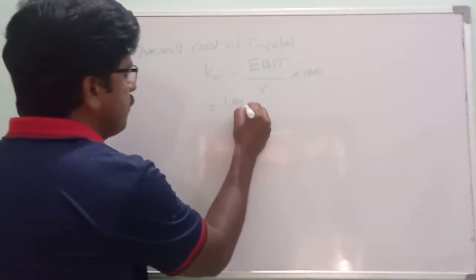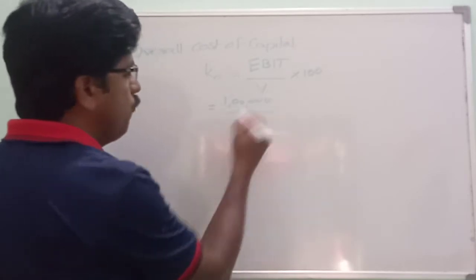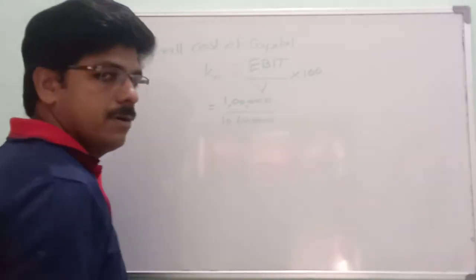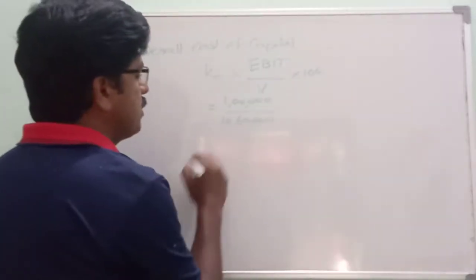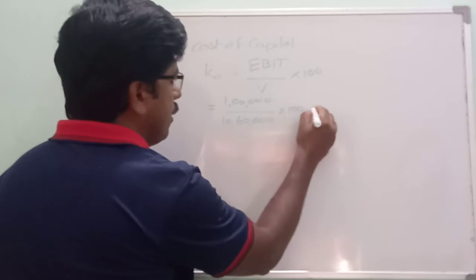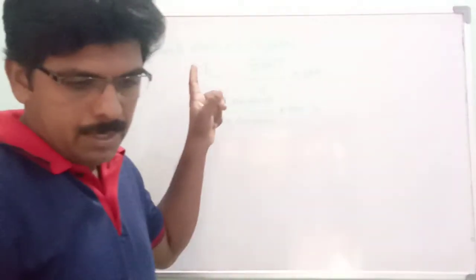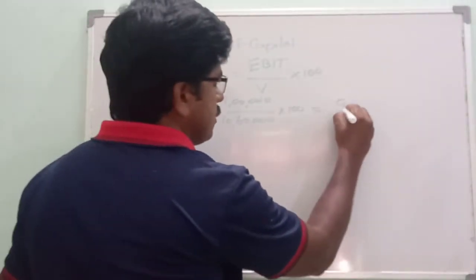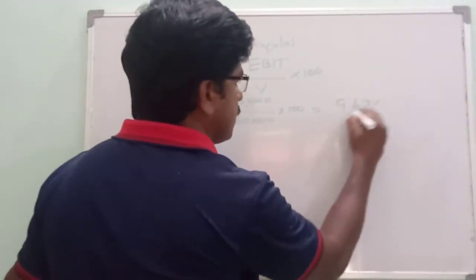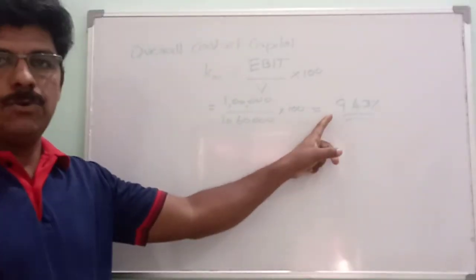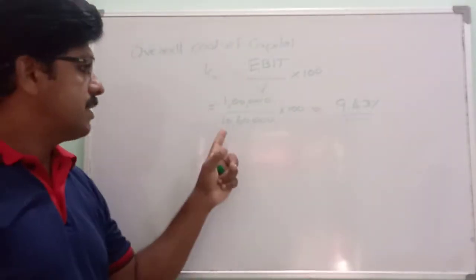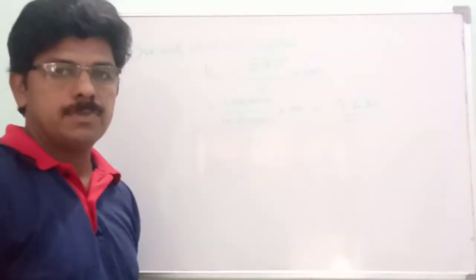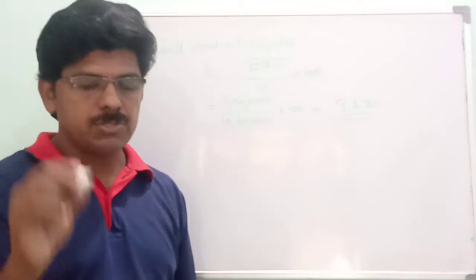EBIT is 1 lakh rupees divided by V, the value of the firm, now obtained as rupees 10,60,000, into 100. KO is equal to 9.43%. So this is KO. The value of the firm is 10,60,000 and KO is equal to 9.43%. Okay. The answer to the first question is over.